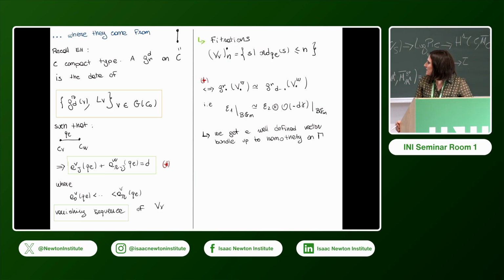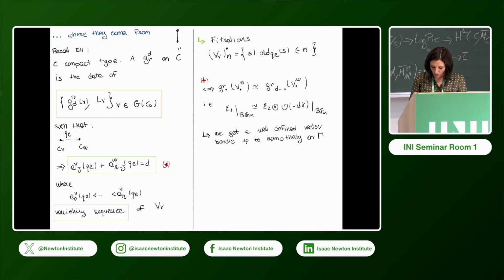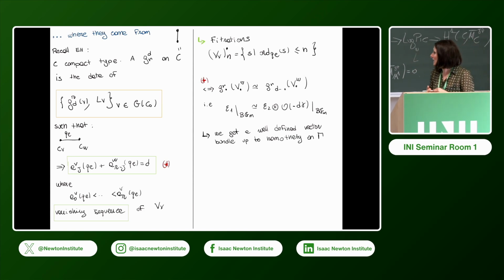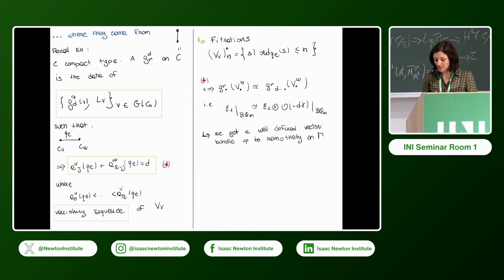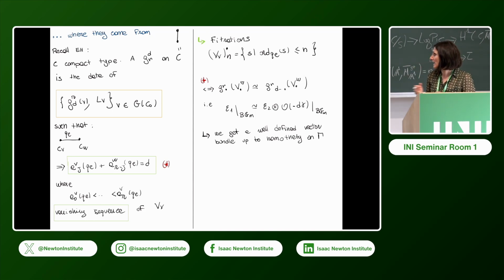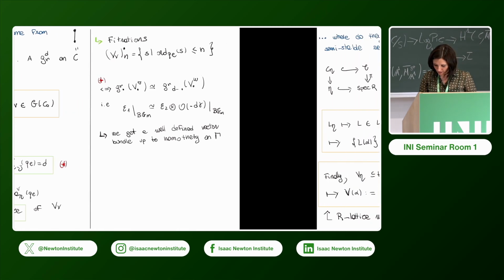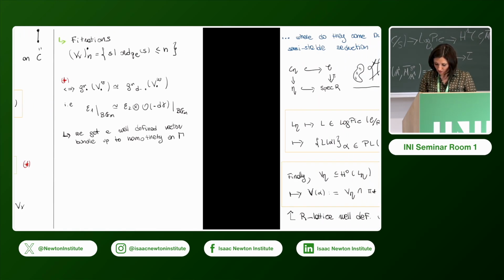And this identification gives me a well-defined vector bundle only up to homothety. So a refined linear series is really the data of a vector bundle up to homothety on the tropical curve, and one can go the other way around.